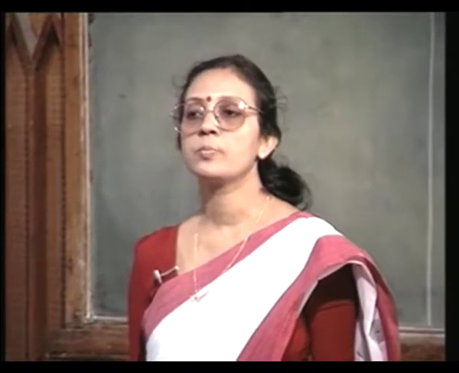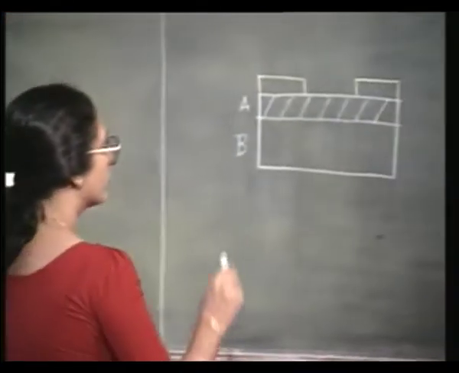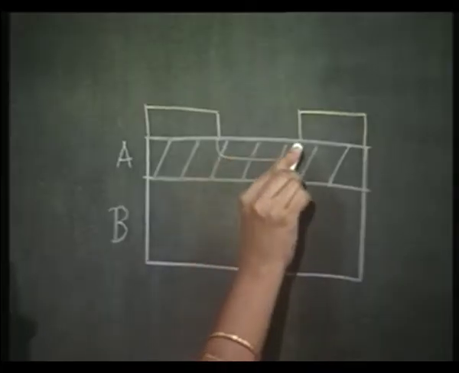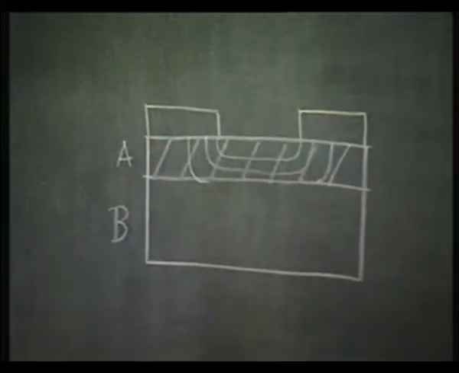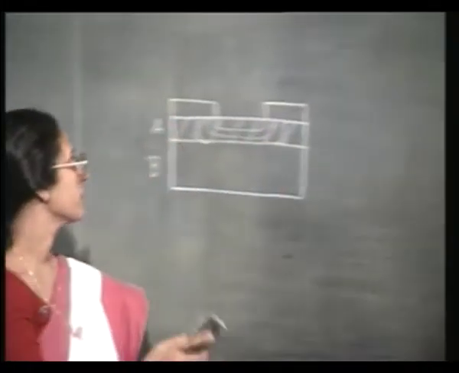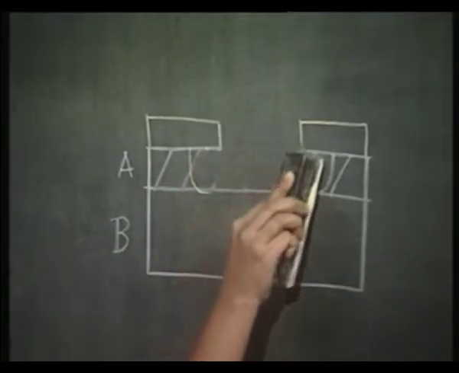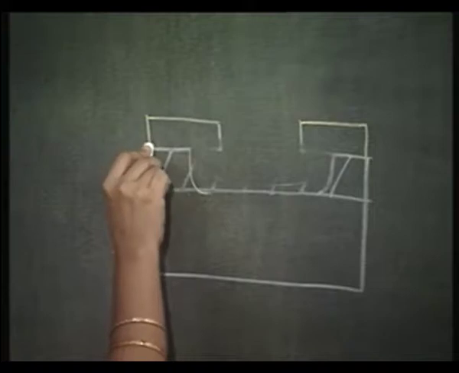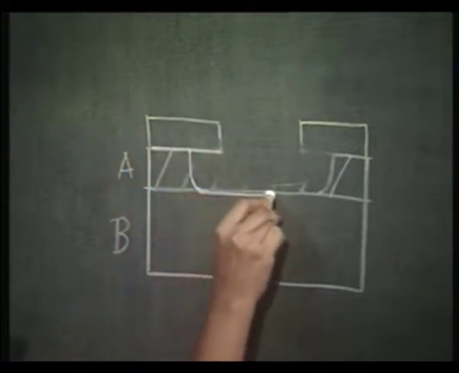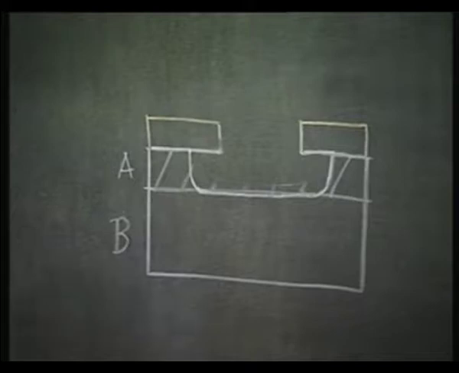That is to say, etching will progress both on the vertical surface as well as on the horizontal surface, and therefore the etching will progress like this and like this, so that finally I shall have an etch profile with a lot of undercut. It will look like this.